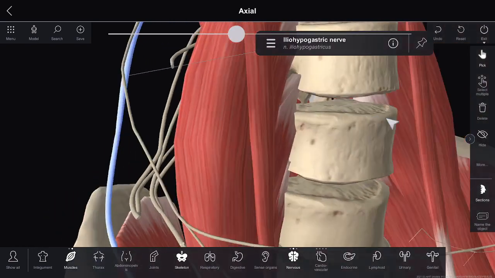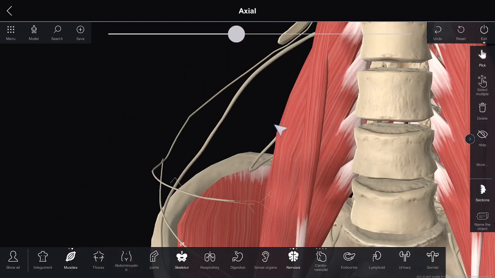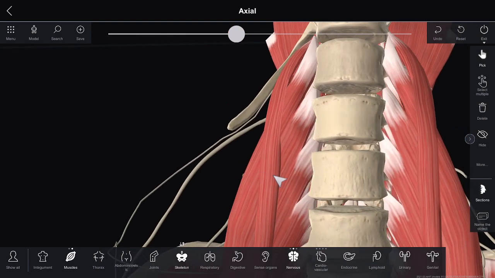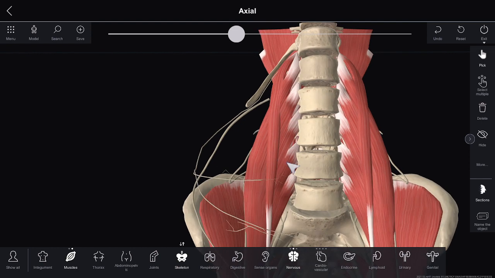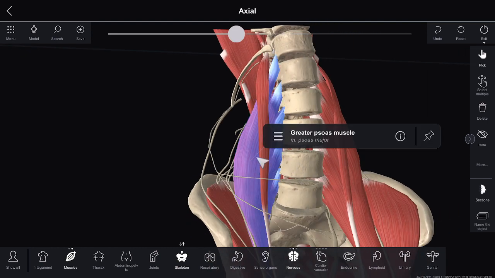Nervus iliohypogastricus. It was written that it goes between musculus psoas major, here it is, great psoas muscle, and what other muscle?